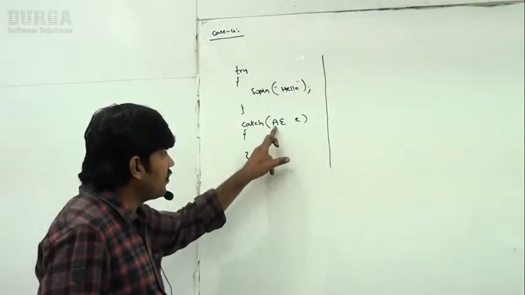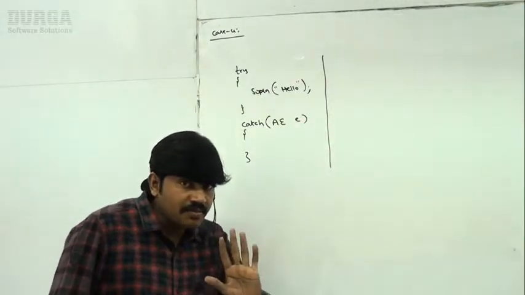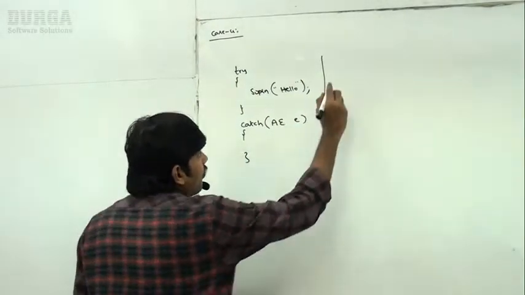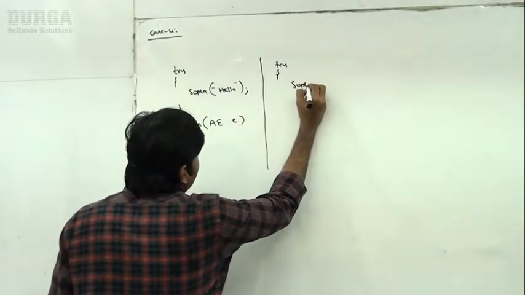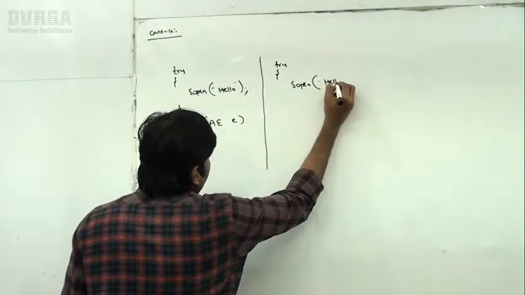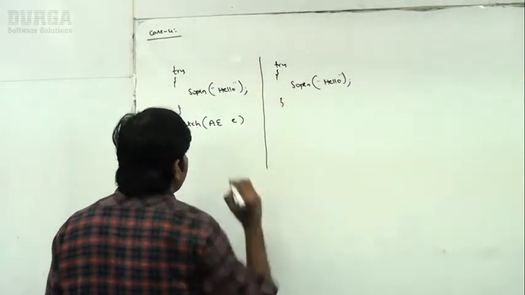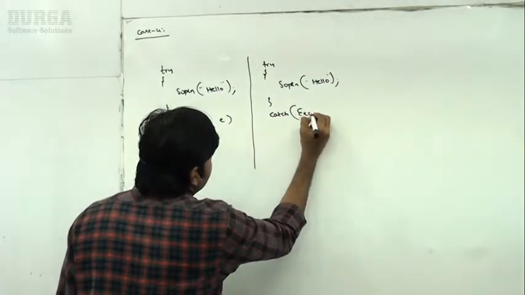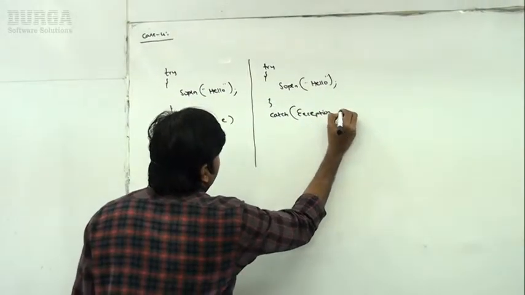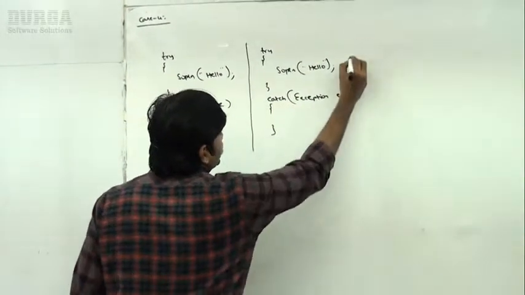Sir, here which exception am I taking? Catch block for ArithmeticException. Now here try, System.out.println hello. Next catch Exception I am taking. Okay, that's all.